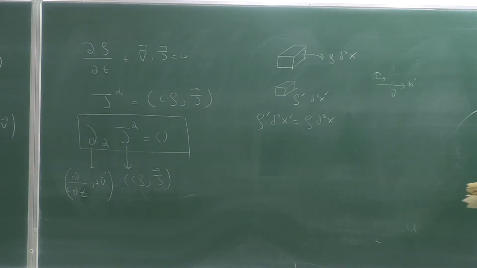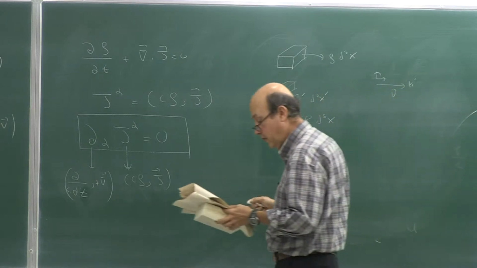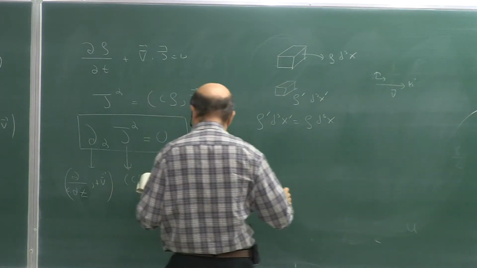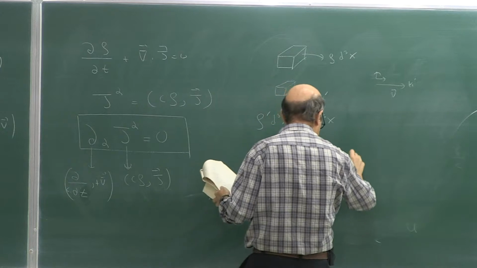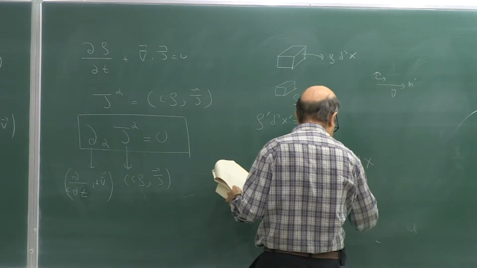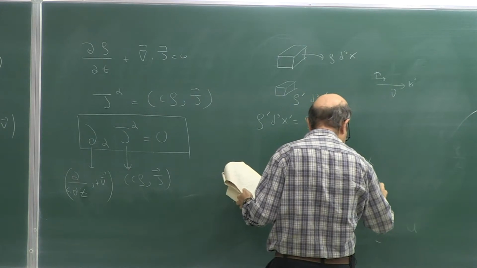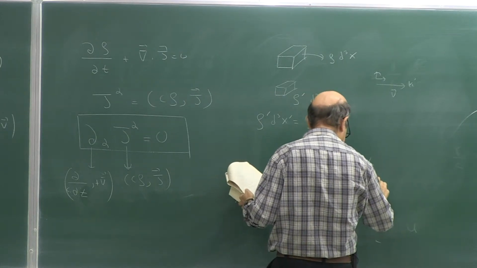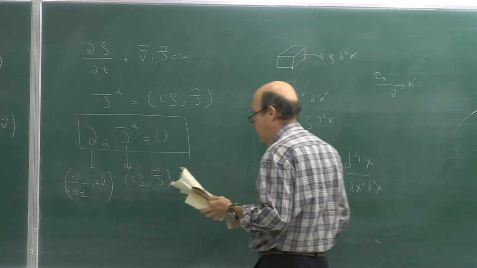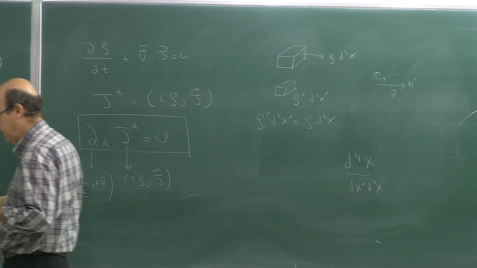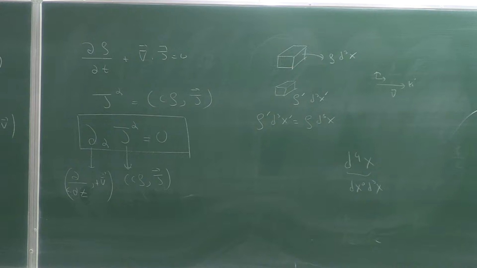We are working in 4 dimensions. And in 4 dimensions, we can say that d to the 4 x is nothing but dx0 times d cube x. dx0 is the time coordinate and d cube x is the space part.